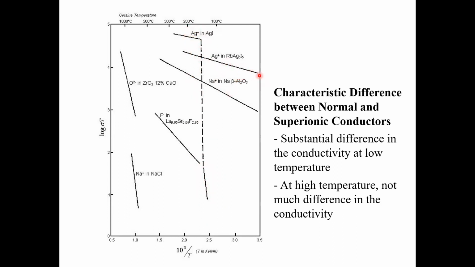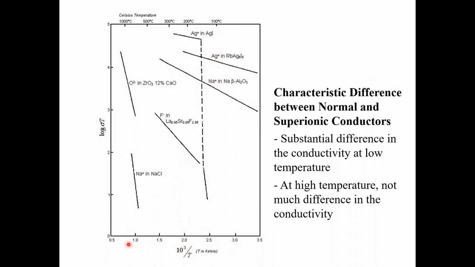This is the rubidium silver iodide, sodium beta alumina, stabilized zirconia, and fluoride-type material, a fluorine ion conductor, and you can compare the conductivities of these materials. These are superionic conductors compared to a normal conductor like sodium chloride. As you approach low temperature, to the right, they are gradually diverging. Their ionic conductivity values differ by several orders of magnitude.